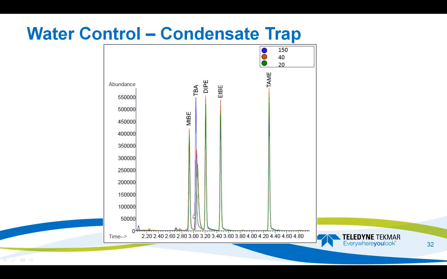So we get narrower peaks, sharper peaks. But obviously at 150 C, we're not removing water with that condensate trap. So at this point, the trap is just as hot as the rest of the system and is not contributing to moisture removal, simply to giving good chromatographic results. So there's a trade-off here.